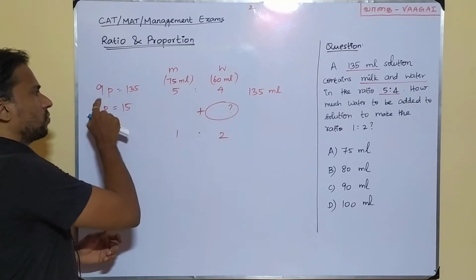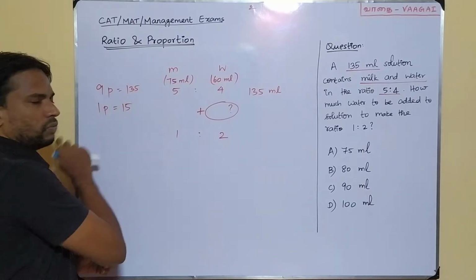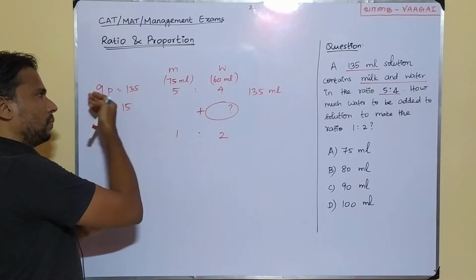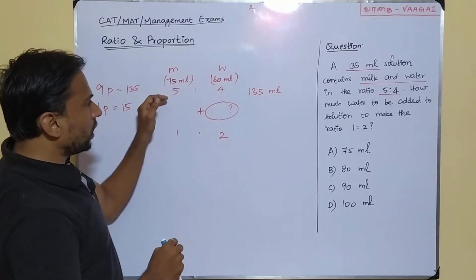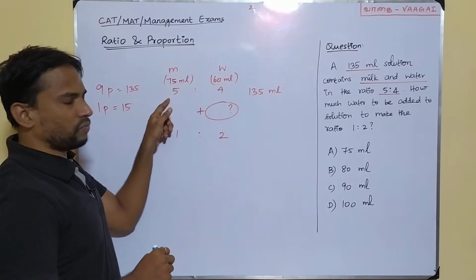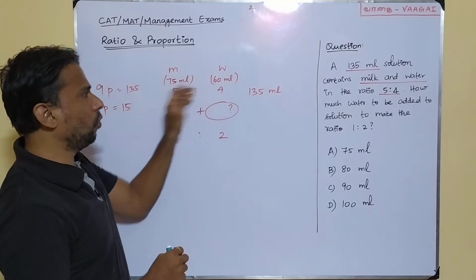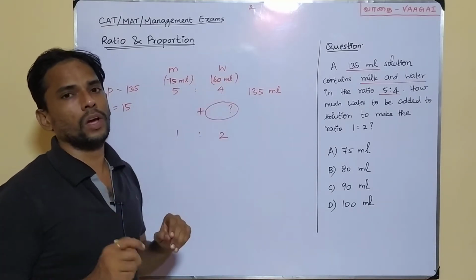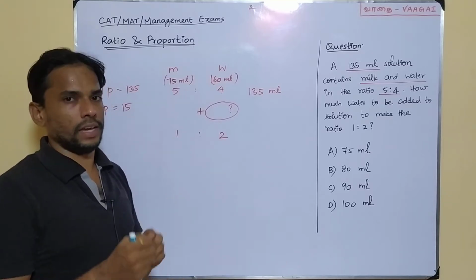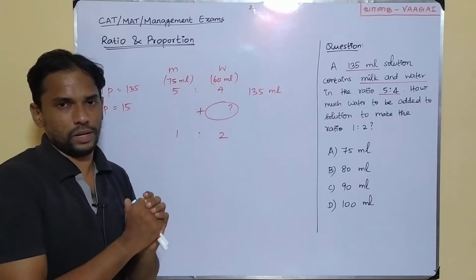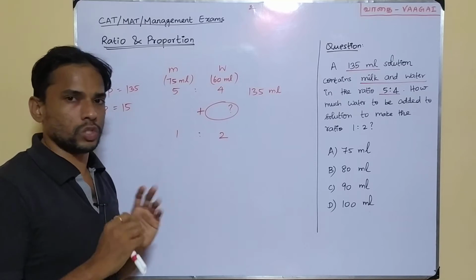So if 9 parts is 135, 1 part will be 15. Dividing 135 by 9, I get 15. Now I can easily get the milk and water: milk will be 5 into 15, which is 75, and water will be 4 into 15, which is 60 ml. That's it. This says how much milk and water we had initially, before adding that extra water. So far it is okay.